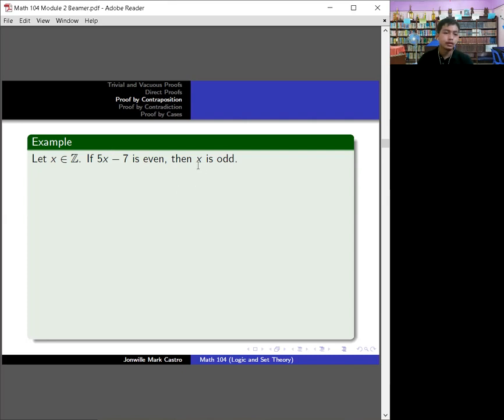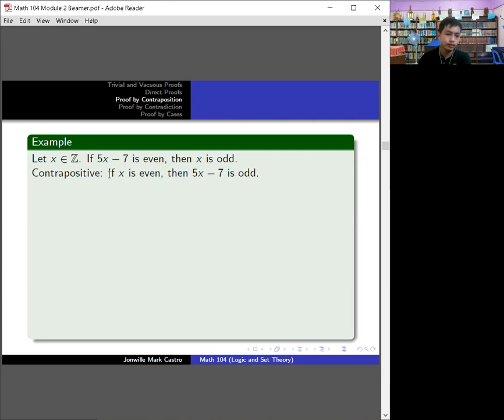So, X is odd, magiging X is not odd, which is X is even. Then 5X minus 7 is not even, therefore odd siya. So, ito yung contrapositive niya. If X is even, then 5x minus 7 is odd.